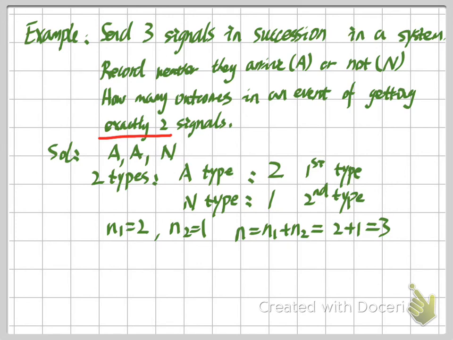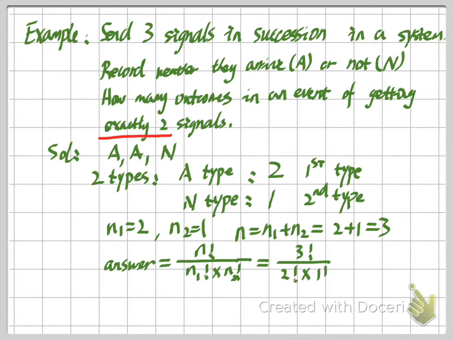Now the answer to this question will use our formula. The formula is n factorial divided by the product of n1 factorial and n2 factorial. If we plug in the values here, it's 3 factorial divided by the product of 2 factorial and 1 factorial.